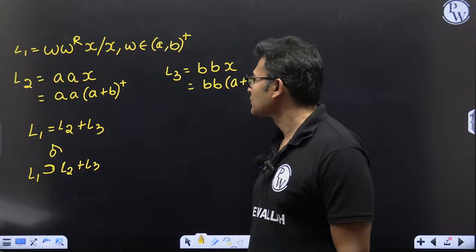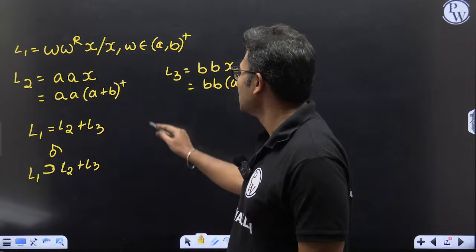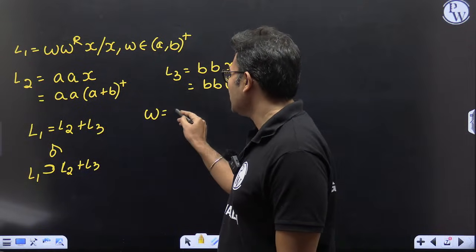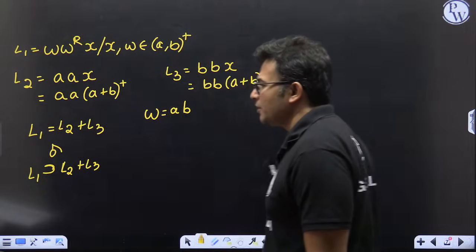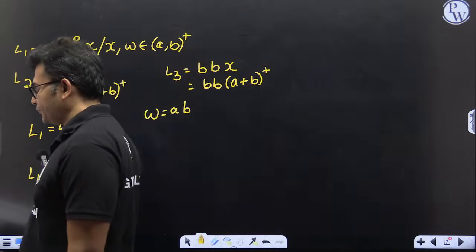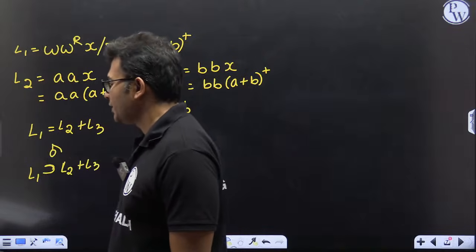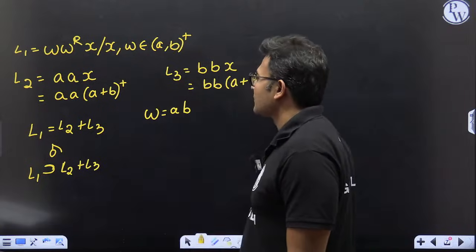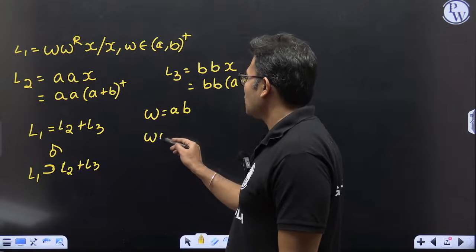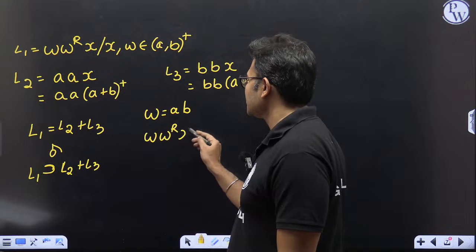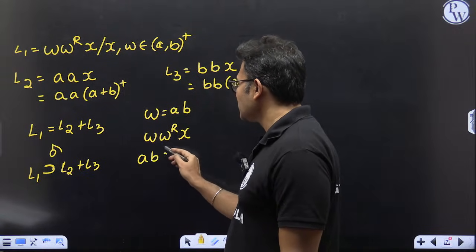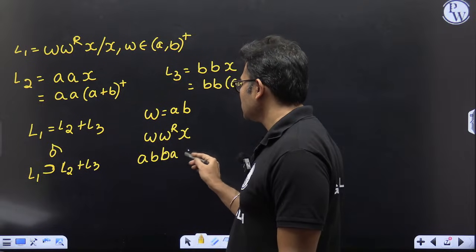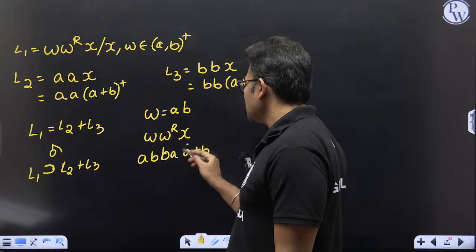Okay. So how are you going to answer this? Let us say W equal to AB. Then W W^R X is going to be AB, BA, (A plus B) whole plus.